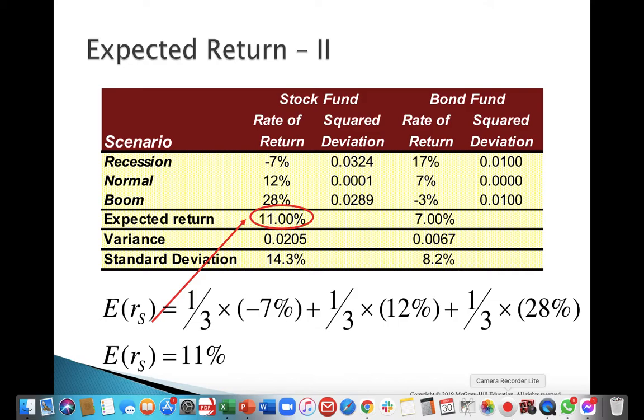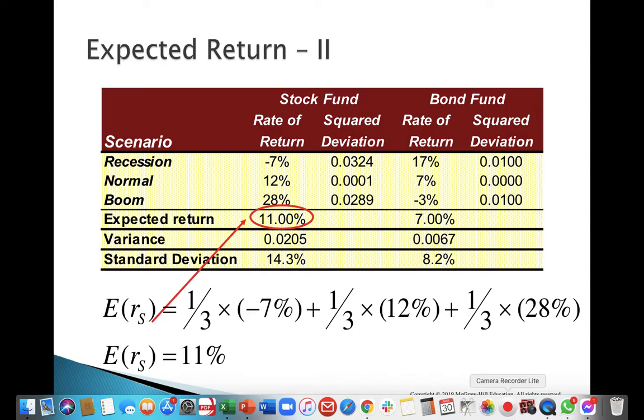We have 1/3 probability multiplied by 17%, plus 1/3 probability multiplied by 7%, plus 1/3 probability multiplied by minus 3%, which will be equal to 7% for the bond fund. So I hope you can now easily calculate the expected return. Possibility of return multiplied by probability of return gives you the expected return.